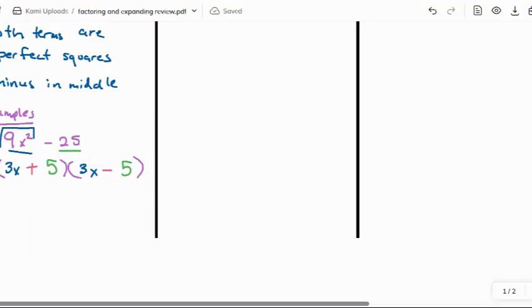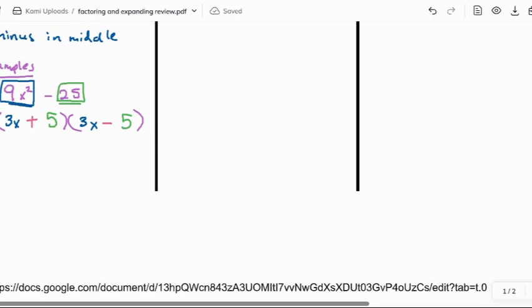Well, guess what? This is a perfect square. This is a perfect square. And we're taking the difference of them. I'm going to give you 2 more examples. 3 more, actually. Okay, go ahead and factor this one. It's a one-liner, right?